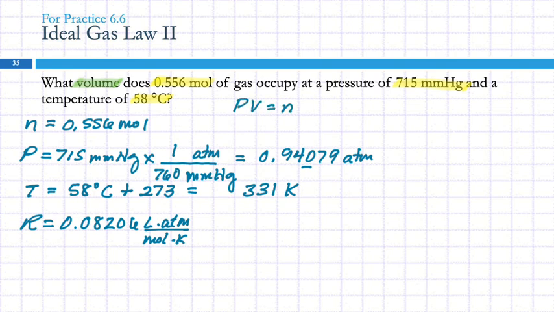PV equals nRT. I can rearrange that by dividing by volume. I'm sorry, I could do that, but that wouldn't help me. I want to get rid of the pressure.